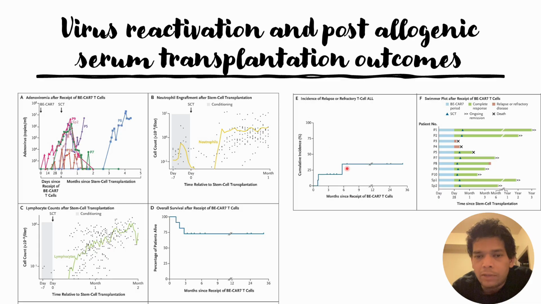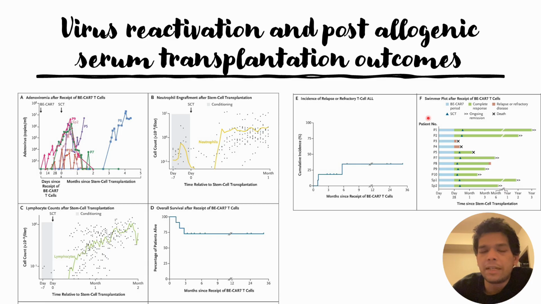They were able to see that around 35% of the patients relapsed with the refractory T-cell ALL that had been targeted by the BE-CAR7-T cells. So they can see that there is some relapse.